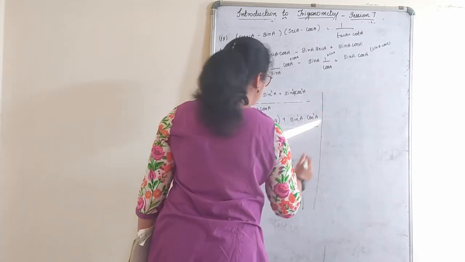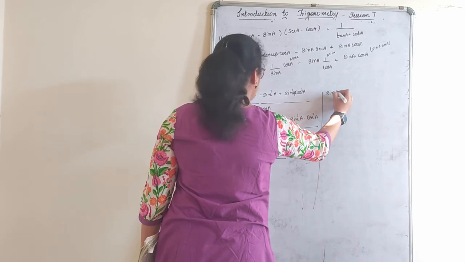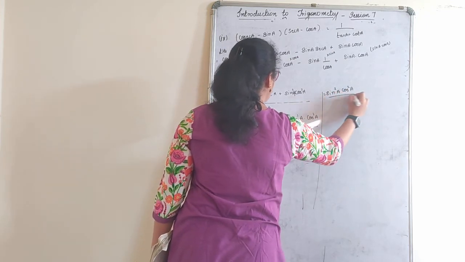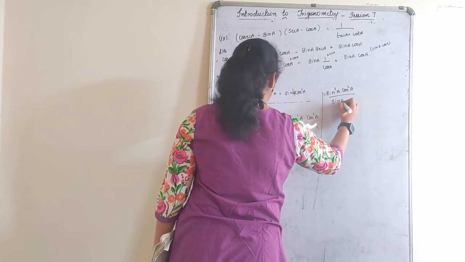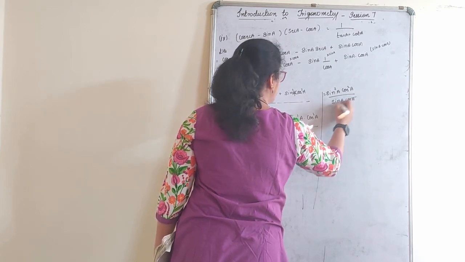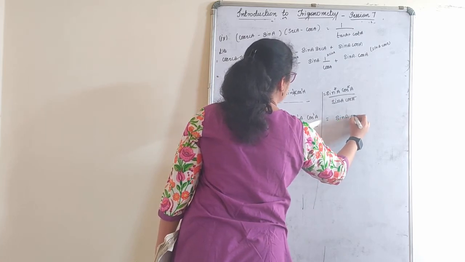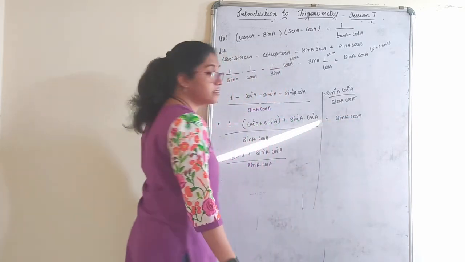What will remain? Sin square A cos square A upon sin A cos A. One time. Answer, sin A cos A is the answer.